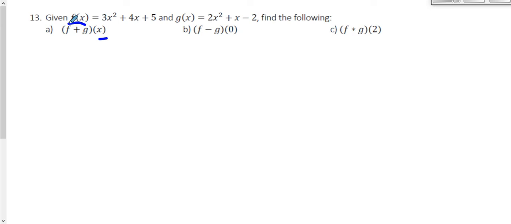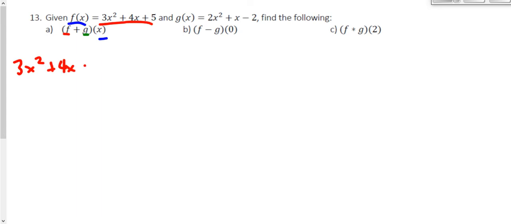It just tells me what I'm going to be plugging into these formulas. For example A, I have f plus g of x, and since it still has an x in there, that tells me that my final answer will still have an x in there. And all I have to do to get my final answer is take f of x and add g of x. That's it. So let's start with f of x. It is this equation here, 3x squared plus 4x plus 5.